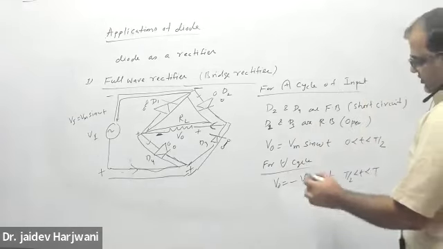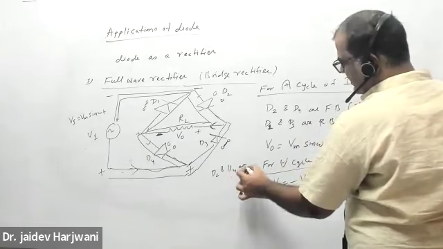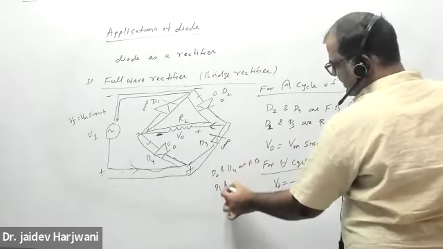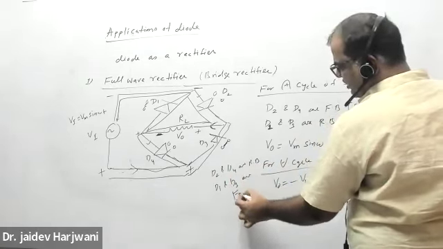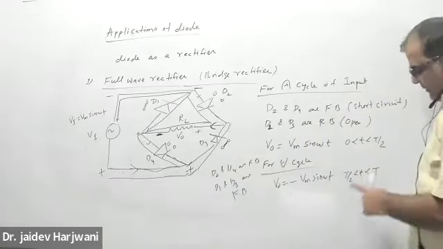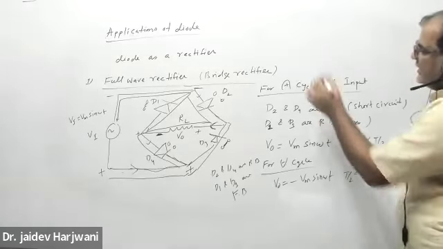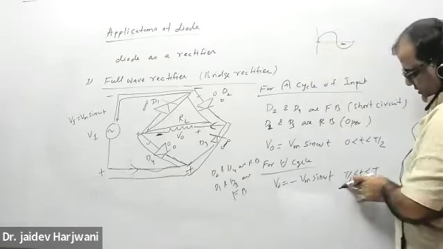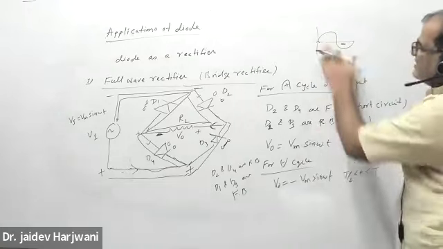For the negative cycle, my D2 and D4 are reverse bias, and D1 and D3 are forward bias. Now my output is positive, but in the time period T by 2 to T the sine is negative, so I am putting a minus sign.